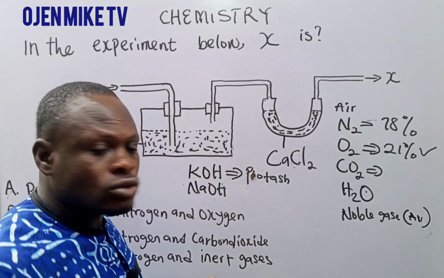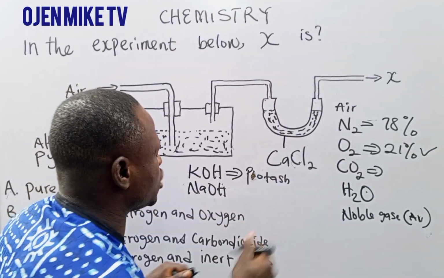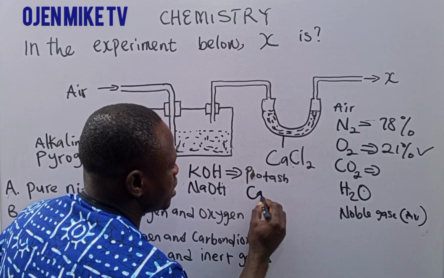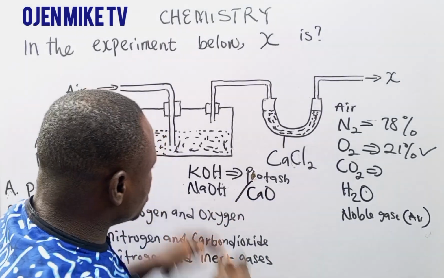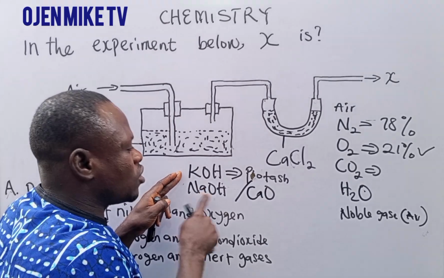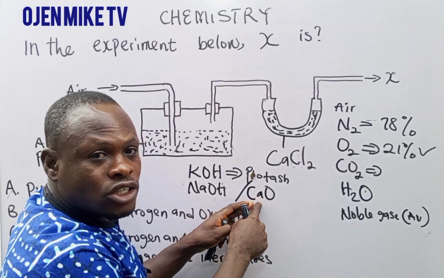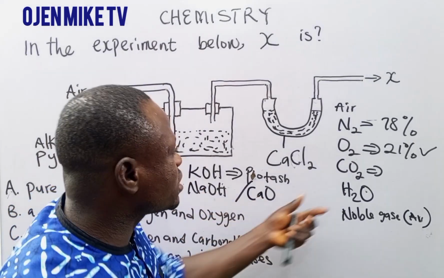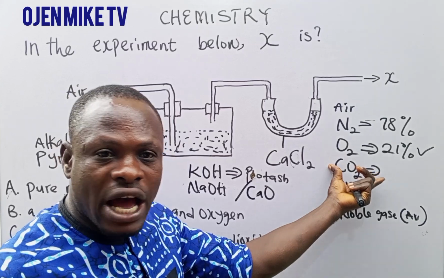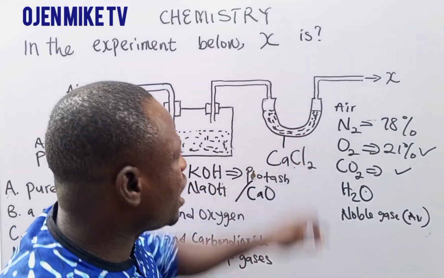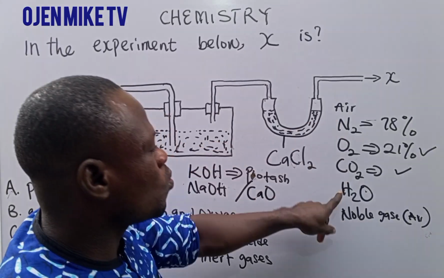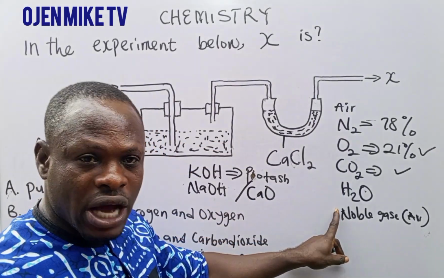Another thing that can also trap carbon dioxide is quicklime, CaO, in case you are asked. So these three things, potassium hydroxide, sodium hydroxide, and quicklime, calcium oxide, will always trap carbon dioxide. So carbon dioxide is being trapped. What is left? We have nitrogen, we have water, and we have noble gas.